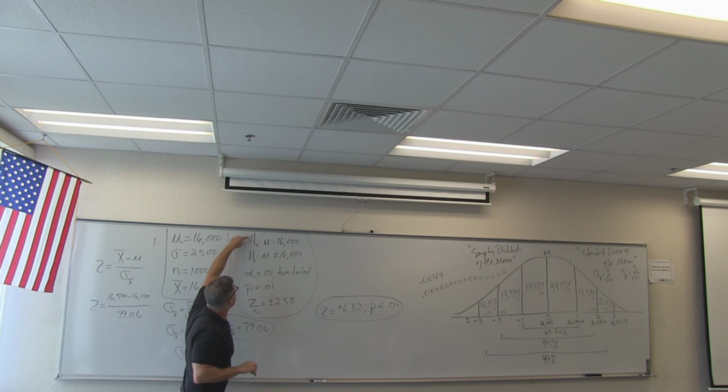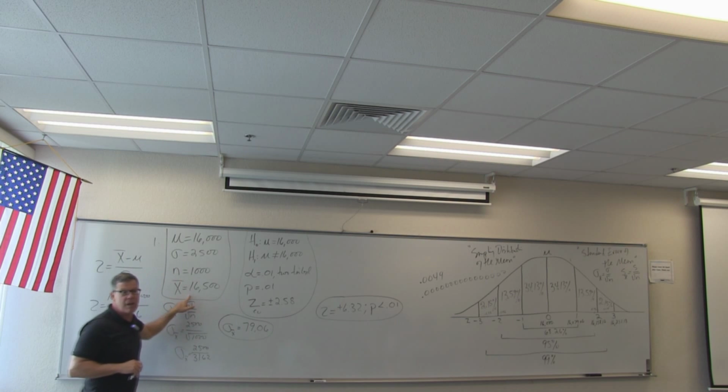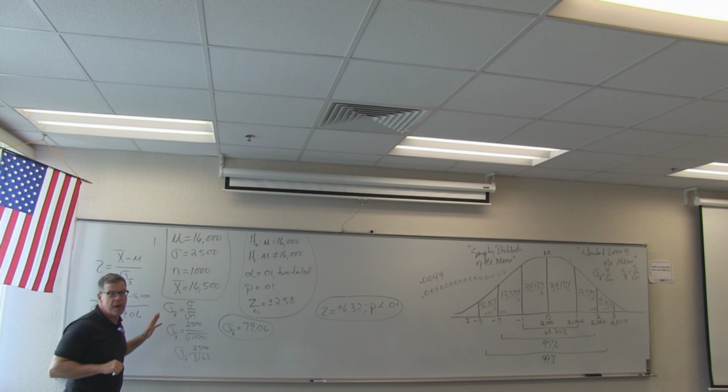I rejected this statement, thereby accepting this statement, which states that the population mean is something different than 16,000. It actually might be, I'm not saying it is, but it may be 16,500. We may have what we call a paradigm shift. Okay. The Z-test, answering the question: is there a significant difference between the population mean and the sample mean?